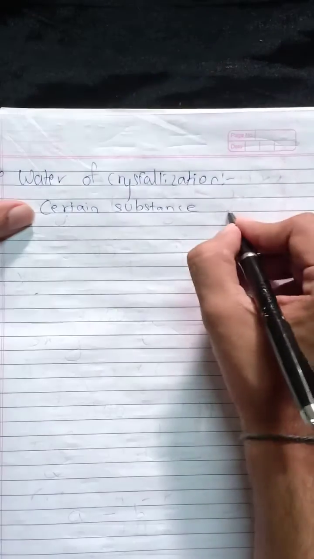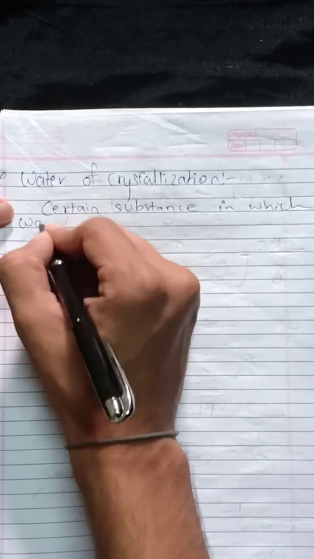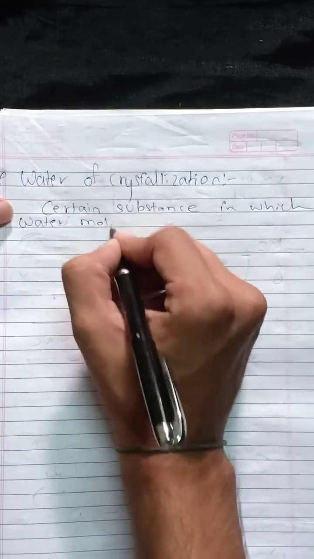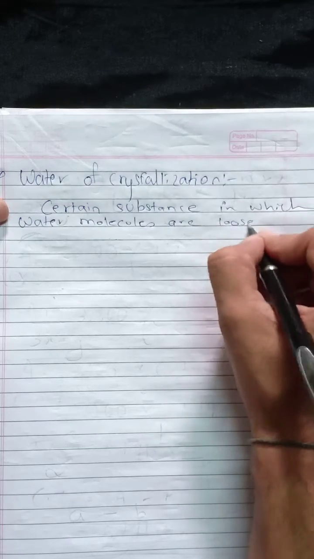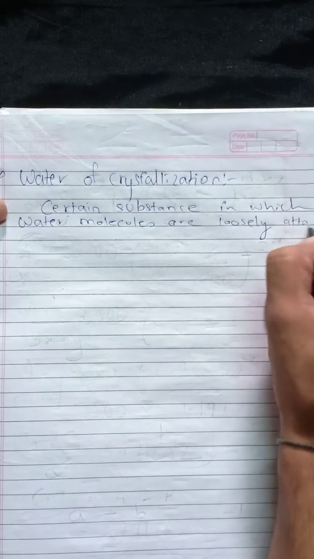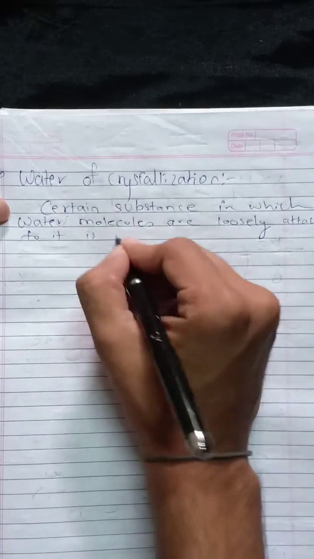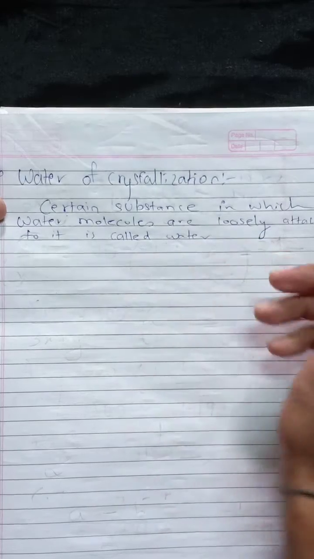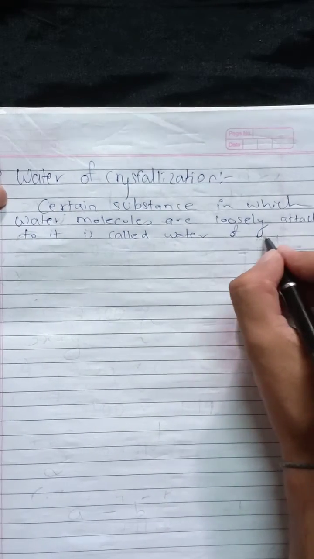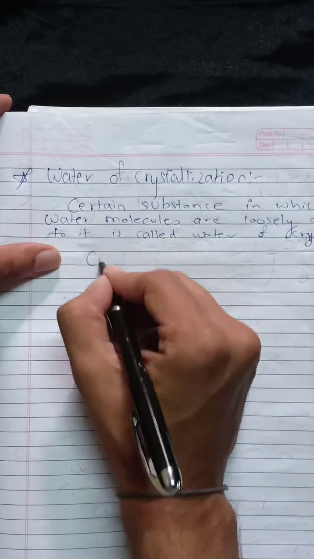Certain substances in which water molecules are loosely attached to it is called water of crystallization.